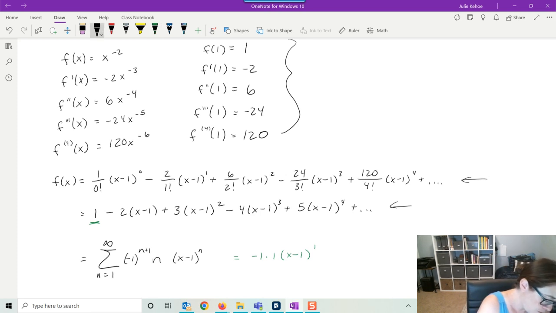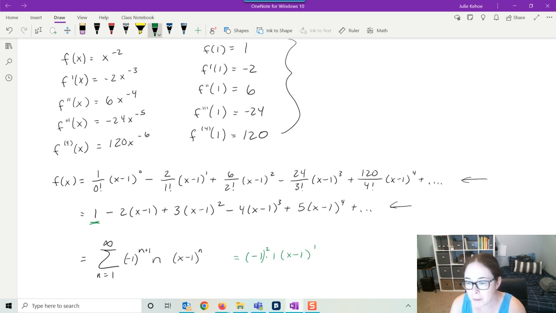So I might do an n plus 1 or an n minus 1 on the exponent there. And now when I plug in n equals 1, I get negative 1 squared, which makes this term positive. Okay, so I fixed that issue. The n looks okay because it's just 1. But the x minus 1 is to the first power, and I need it to be to the 0 power for that first term.